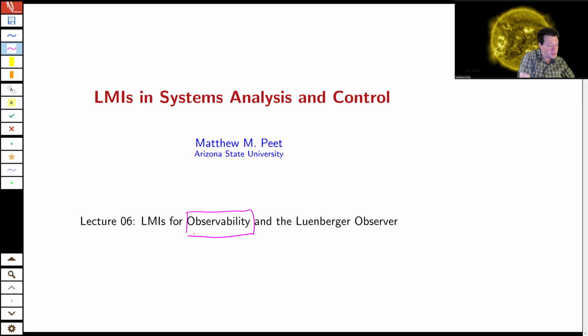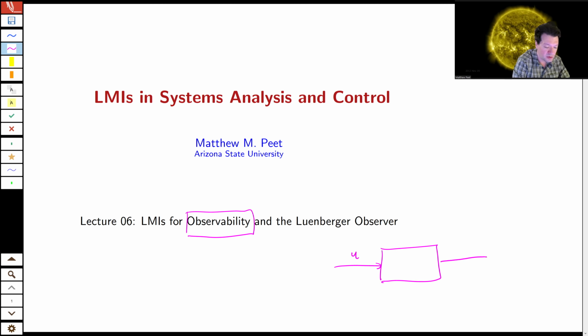So again, observability is a property of the system map, or the property of this box here that we write down, from our inputs to our outputs. And controllability told us something about this system.